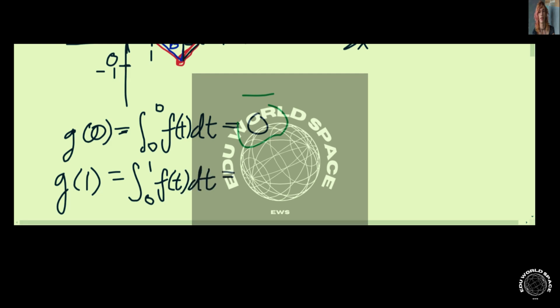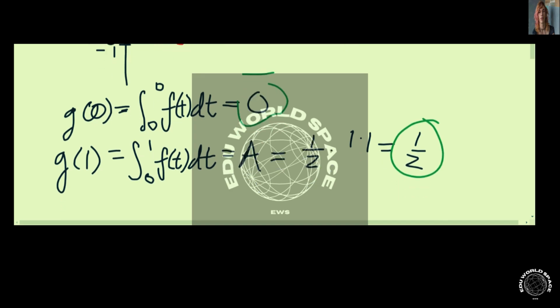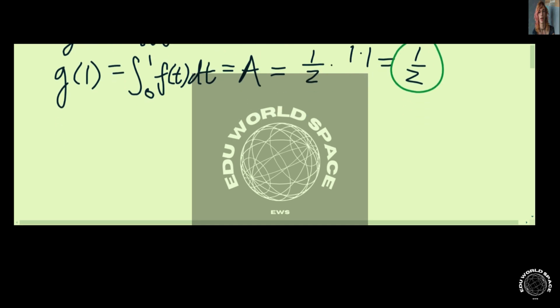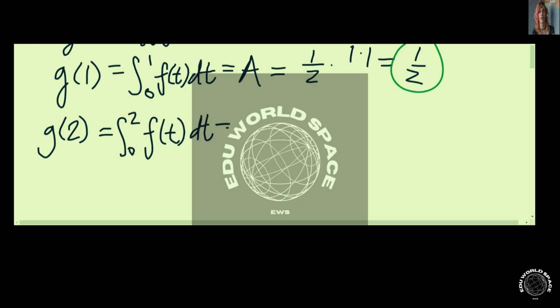And we see that this is the same as the area of A, which, because it's a triangle, is 1/2 times 1 times 1, which is just 1/2. g of 2, by definition, is the integral from 0 to 2 of f of t dt, which, looking at our graph, is the areas of triangles A and B added together.